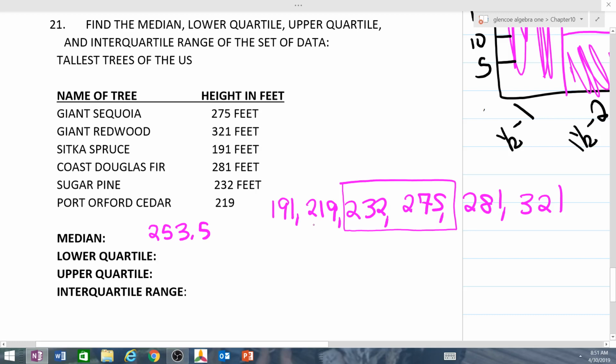So I'm going to do it both ways for you, okay? 191 plus 219 divided by 2 is going to give you what, guys? Who's got it? Okay, so that's the first way.